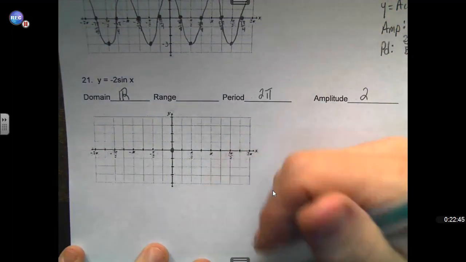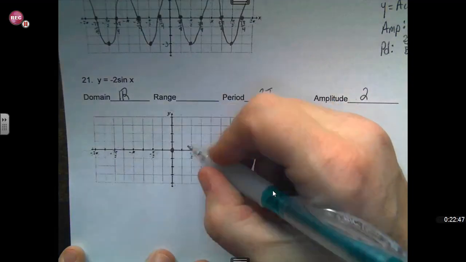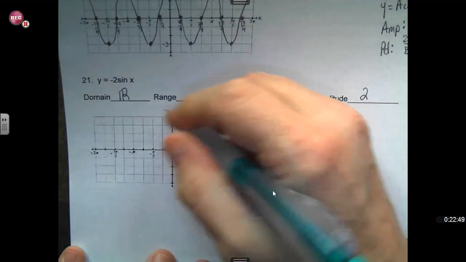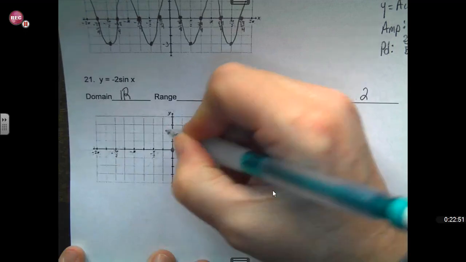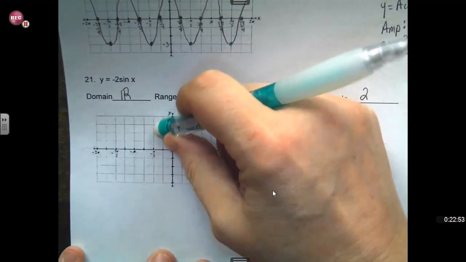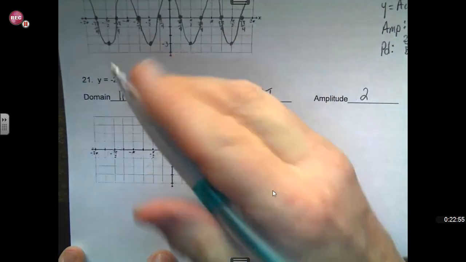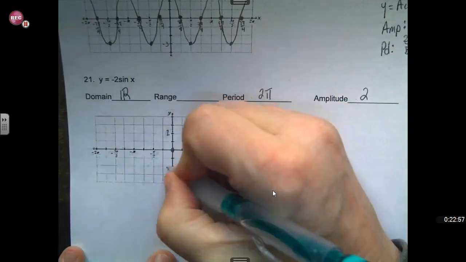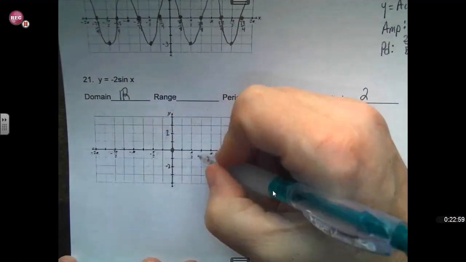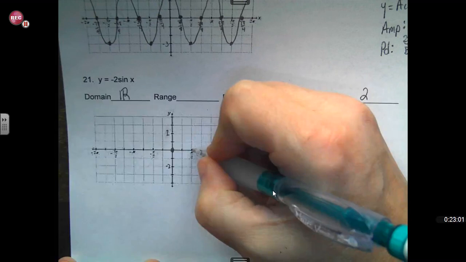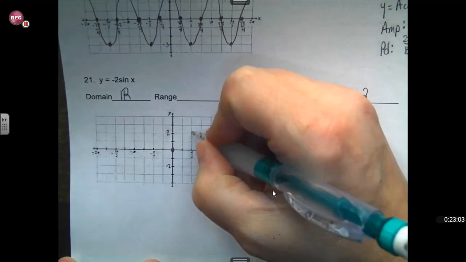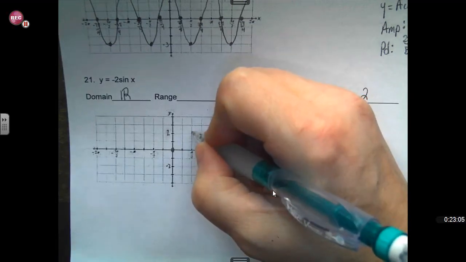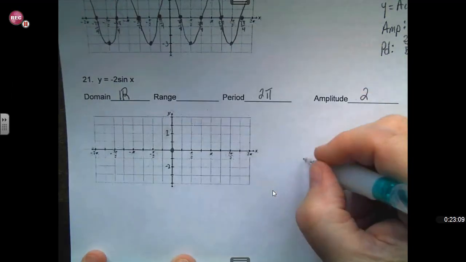So then from here I go to pi over 2, and usually for pi over 2 I go up to 1. That's going to be 2, and that's going to be negative 2. So pi over 2, normally what I would do is go up here to 2 because that's positive out front, but it's not.